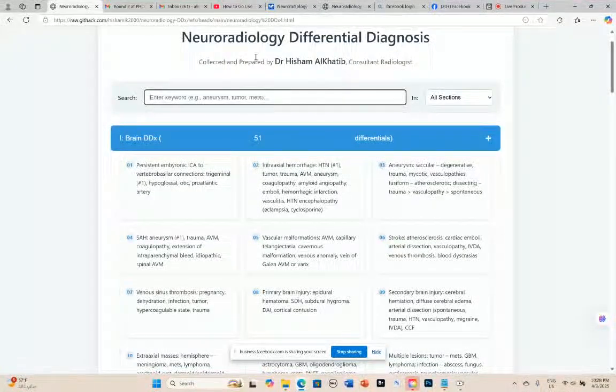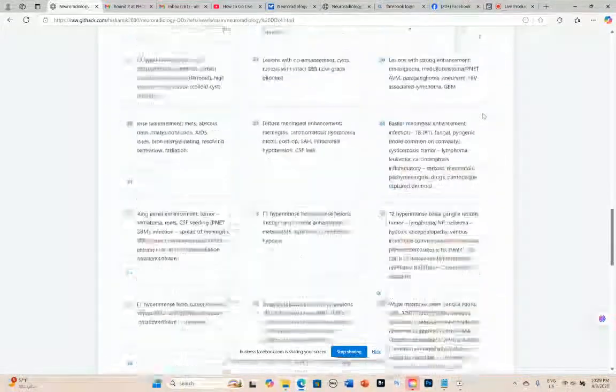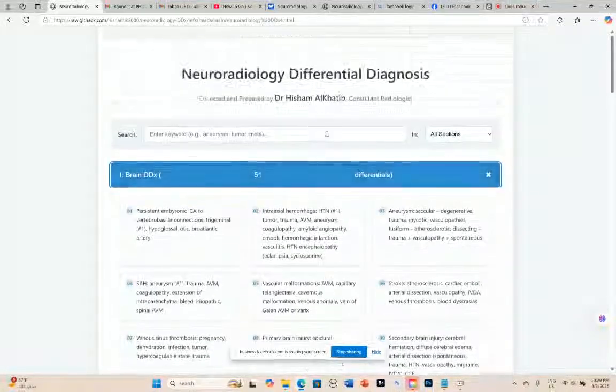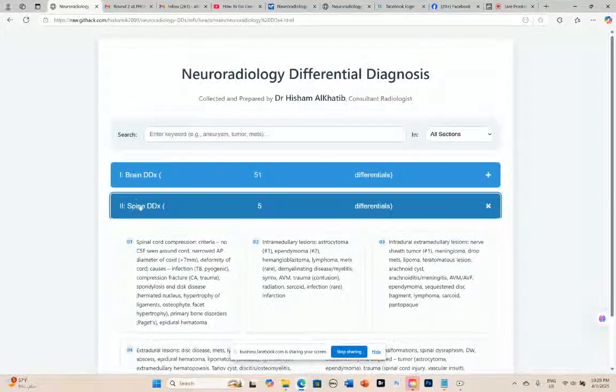I built a program in the Google Gemini model, which I named Neuroradiology Differential Diagnosis, and this helps you to learn the differential diagnosis in the brain, in the spine, and in the head and neck.